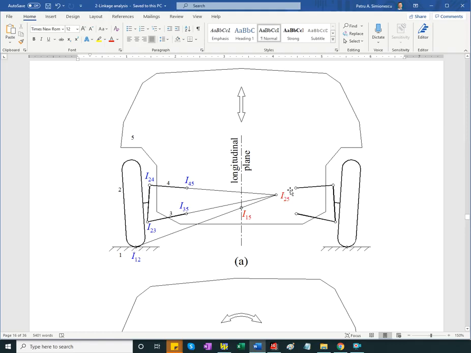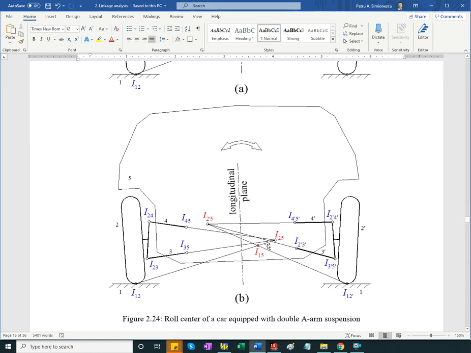We know that these three are collinear: 1, 2, 1, 5, 2, 5, the 1, 2, 5 Kennedy line. And because of the symmetry, you can continue the same. Extend these two lines, which is shown here for a deflected suspension, and then connect the instant center between the other wheel and the chassis with the contact point. And the intersection of the two gets you the instant center between the chassis and the ground.